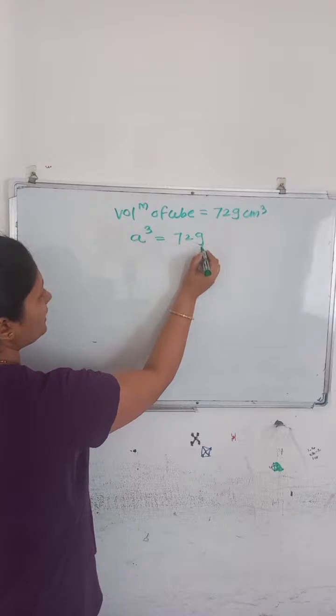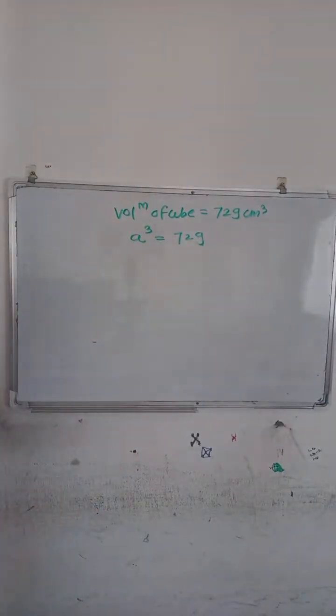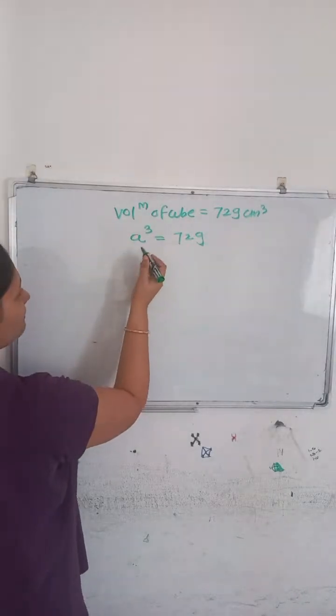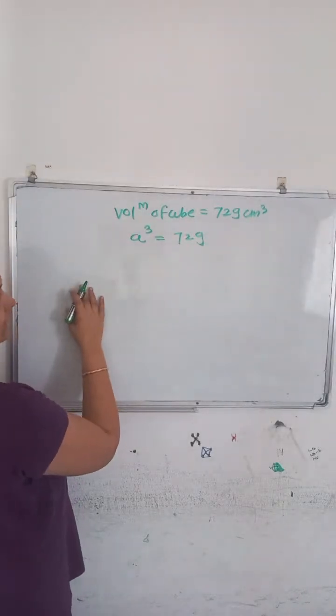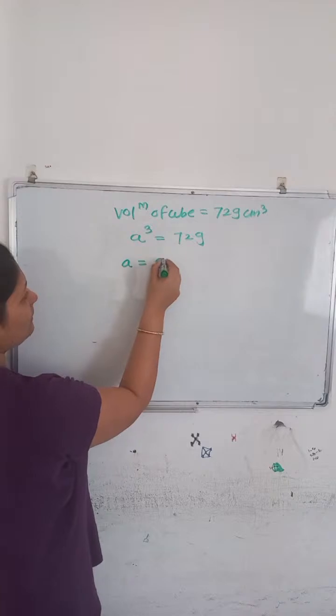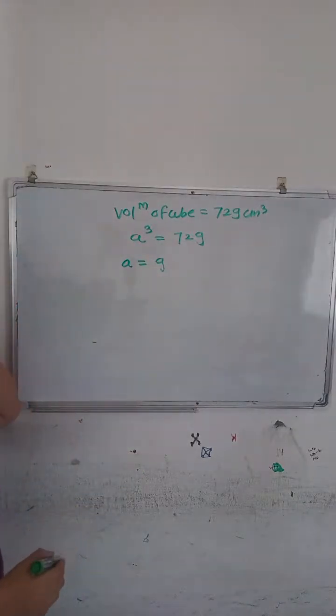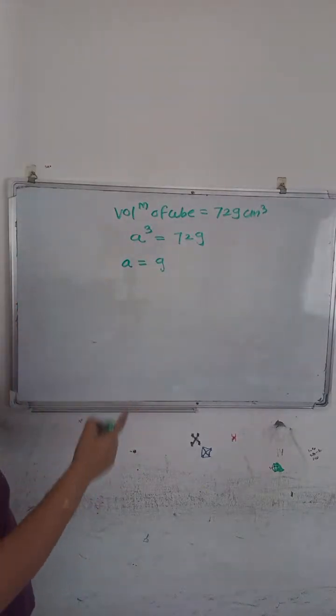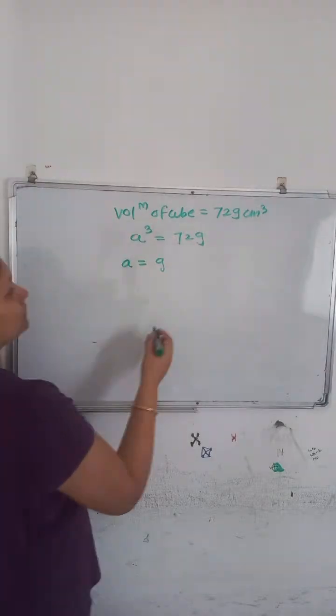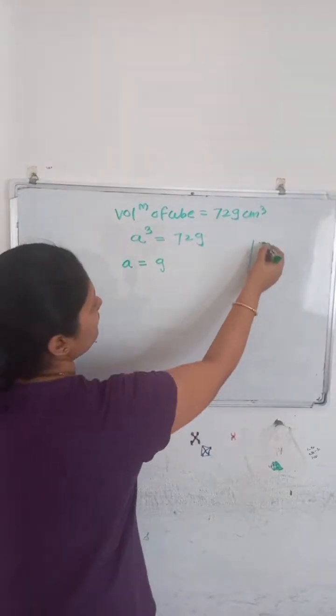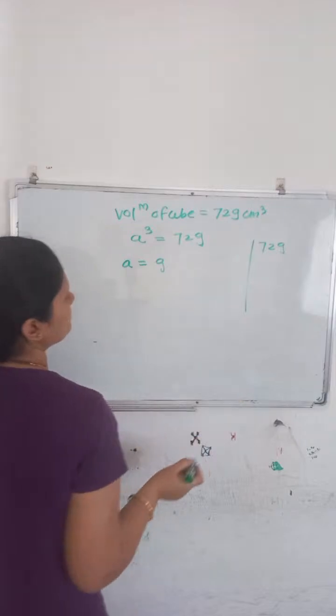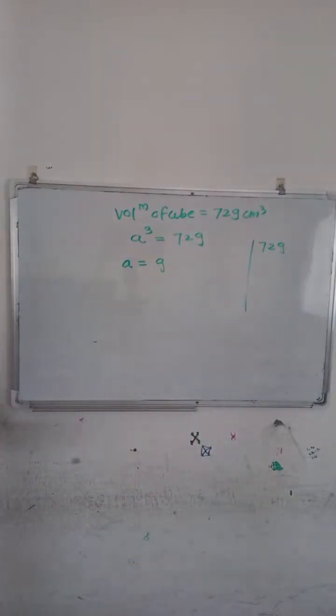Then 729 is the cube of the number 9. If I take the cube root on both sides, then I will get a is equal to 9. Okay, if you are not sure, then go for the long division. You can go for the prime factorization of 729 and start dividing this.